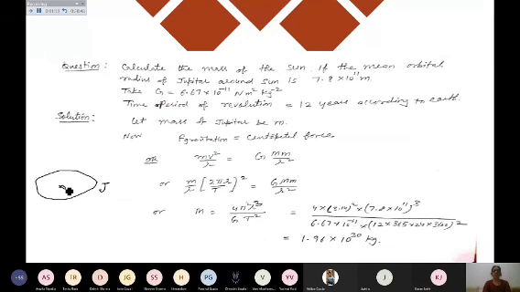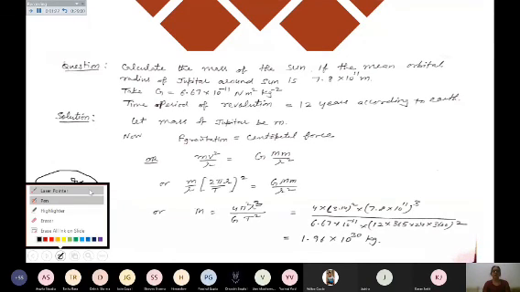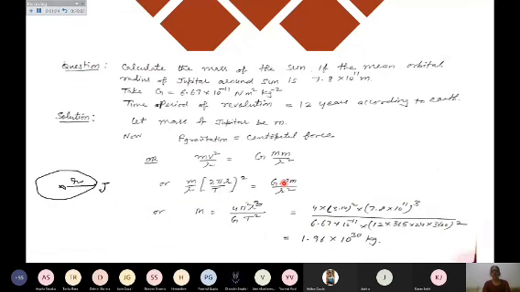So this distance is given, r. So the velocity v will be equal to 2 pi r divided by capital T. And then you can work out the things by putting the values. Capital M is taken as the mass of the Sun and small m is taken as the mass of Jupiter.